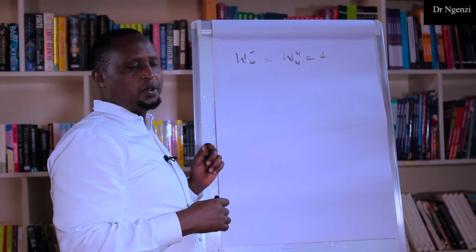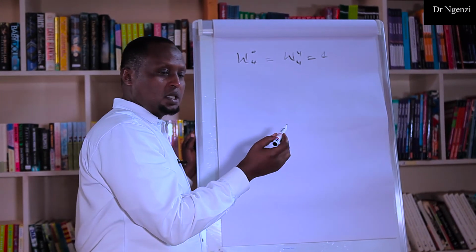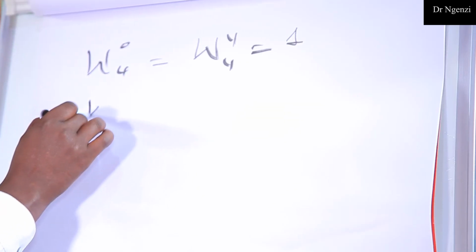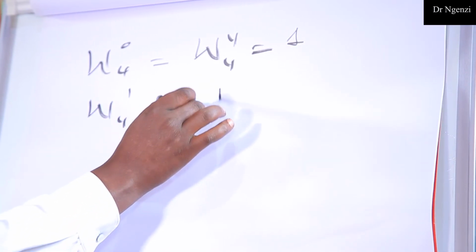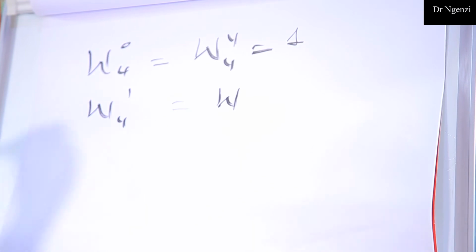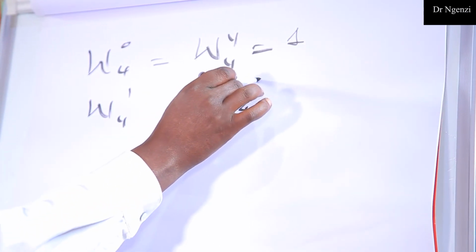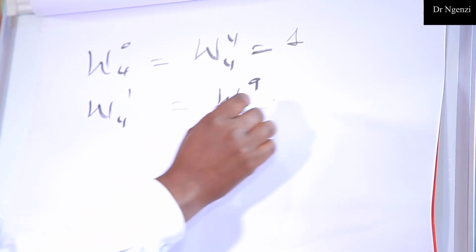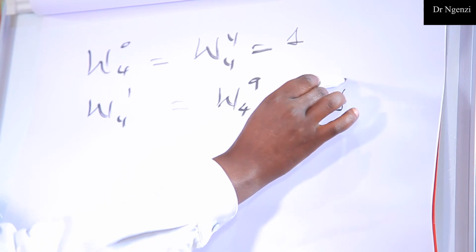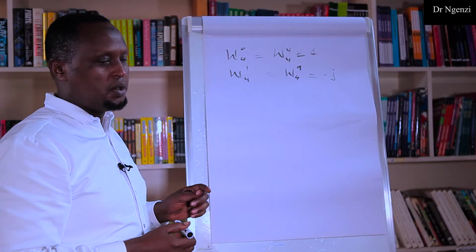And if, for example, you have an 8 point, then W41 is going to be W49, for example, if we have 9 here. And this is going to be, for example, negative J. This is to remind you during your calculations how you make it.